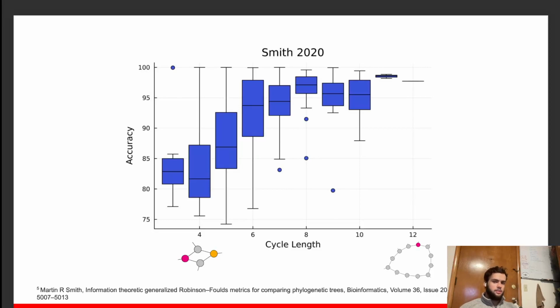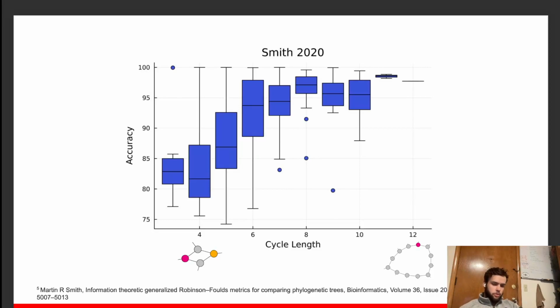But we can break this down a little further because this phenomenon tends to happen as cycle length increases, but even when the cycle length is small, we can still have a horizontal event that stretches a large span.